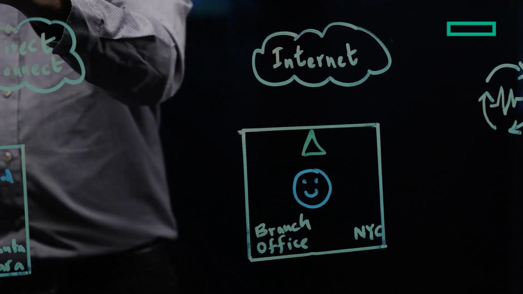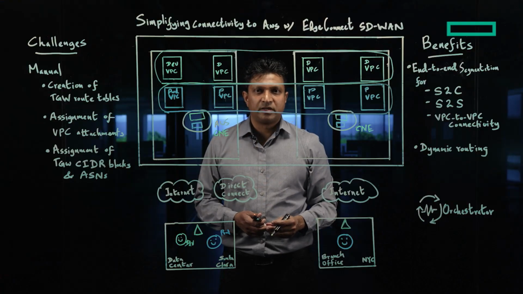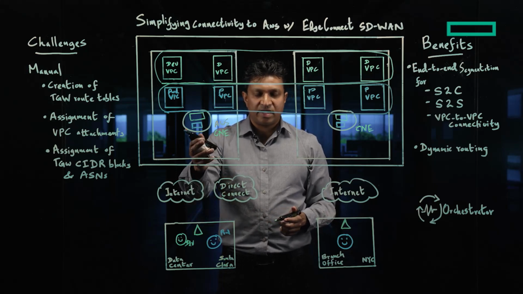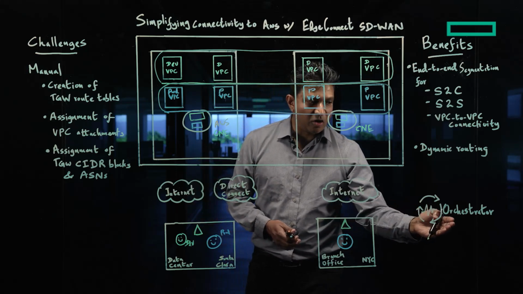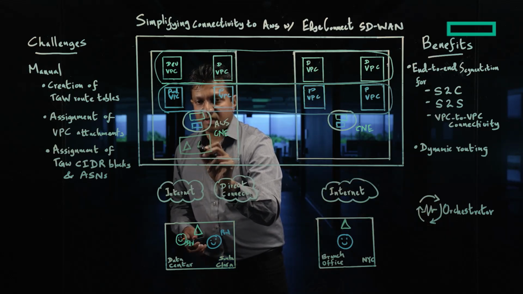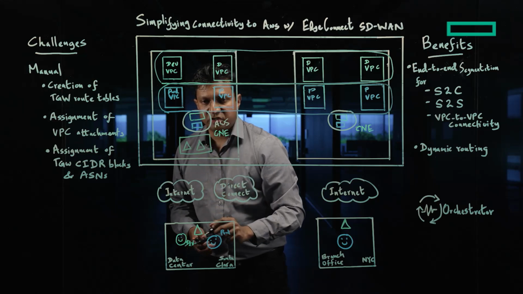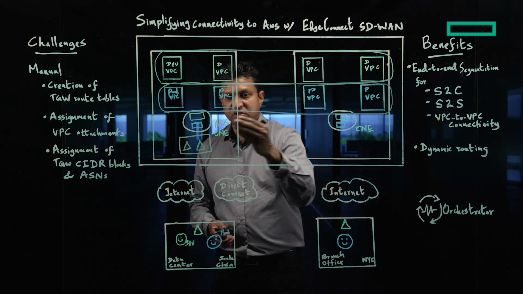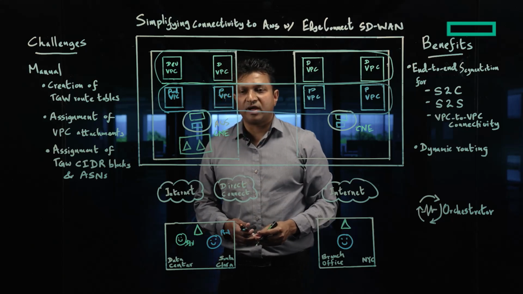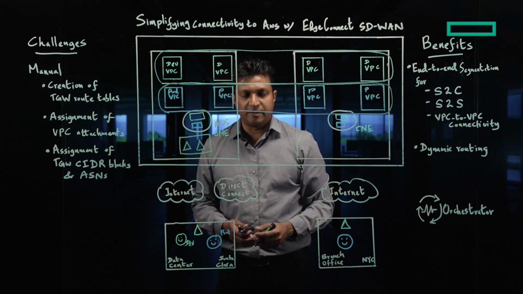And in the cloud, it's going to be a virtual machine. You can deploy the EdgeConnect SD-WAN software in AWS from the orchestrator. You can deploy the EdgeConnect SD-WAN software in your choice of region, and the orchestrator is going to create a brand new VPC and deploy the EdgeConnect software inside that VPC.